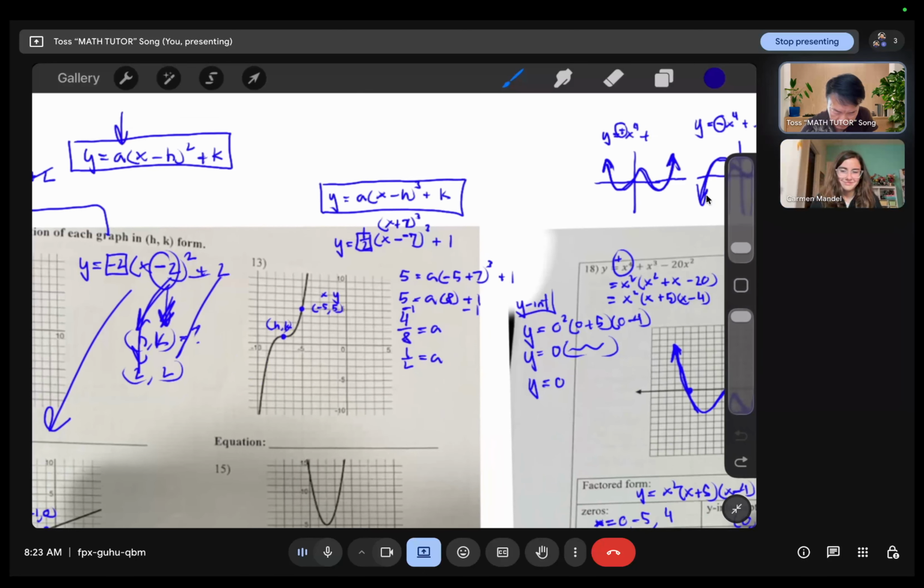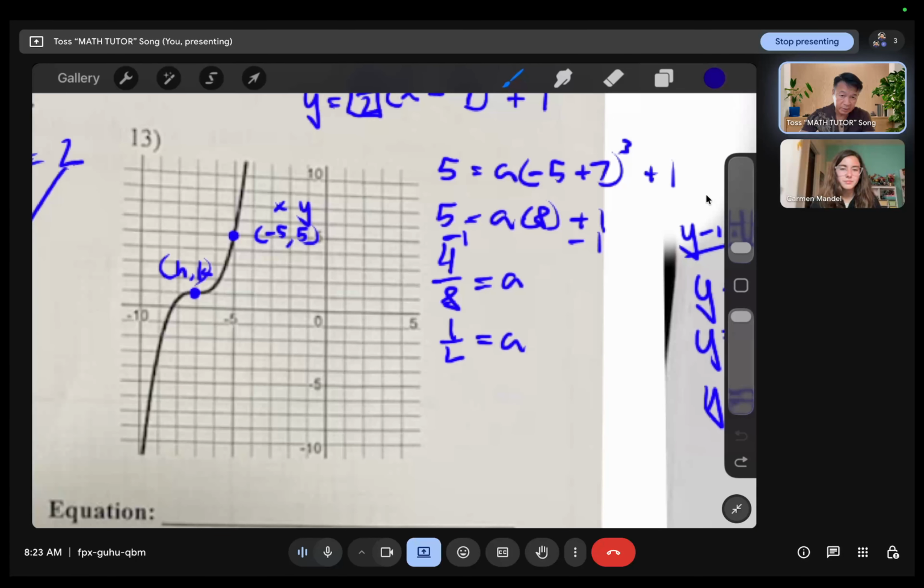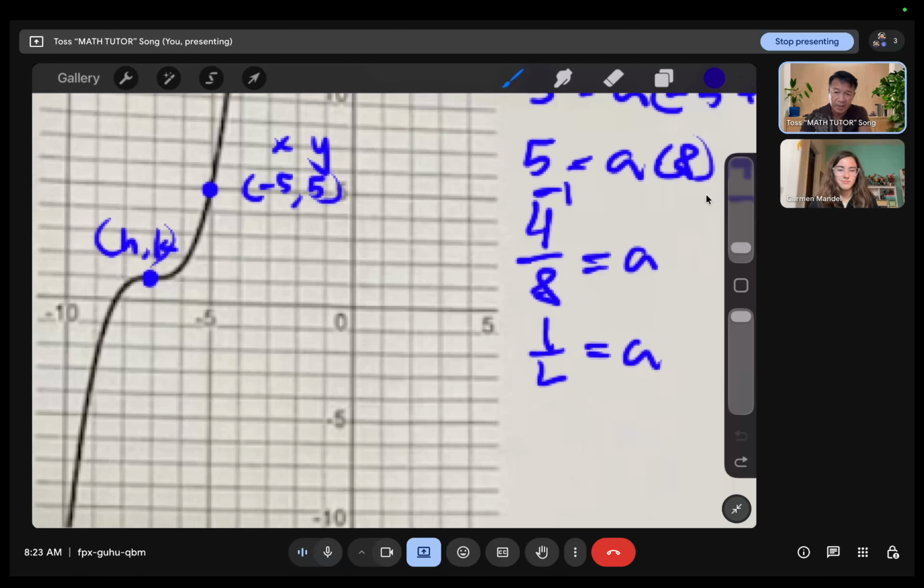Okay. So, for example, let's pretend this one wants you to do a table, and everything else also: your h, k, your intercepts, range, domain, increasing, decreasing, all that.